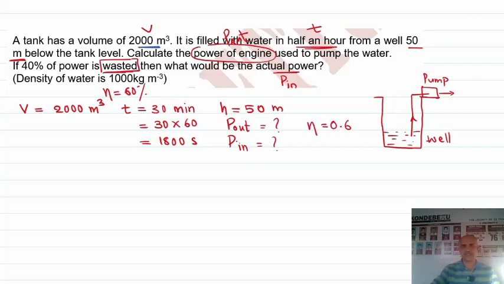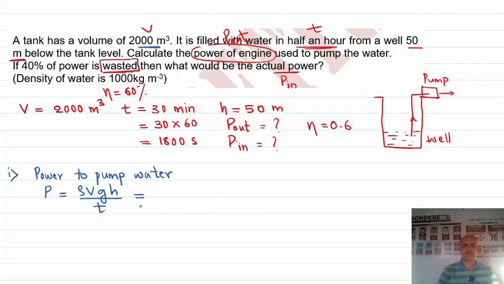You can solve easily. Note down the formula and substitute. First, power used to pump the water: P is equal to mgh by t. M is written as rho into V, so P is rho V g h by T. Now substitute the values.